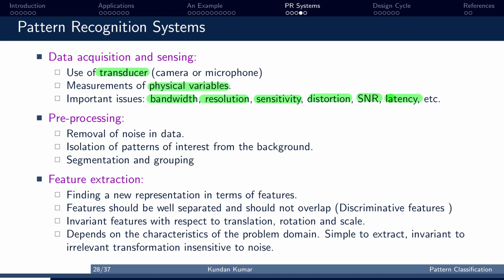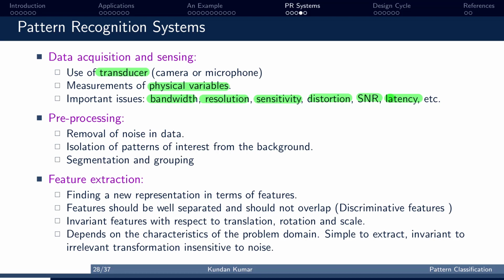These issues may come when we acquire the data, because suppose we are dealing with a wireless sensor network and the data will be sent from one point to another, then bandwidth will be an issue. That means the data will be collected at one place and transferred to another place, then this bandwidth will be an issue.